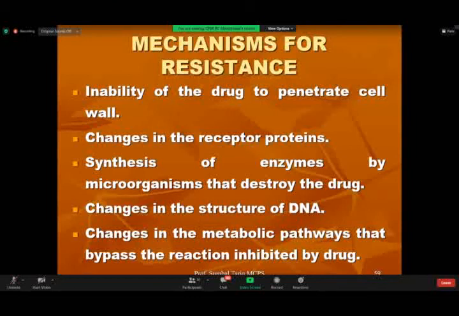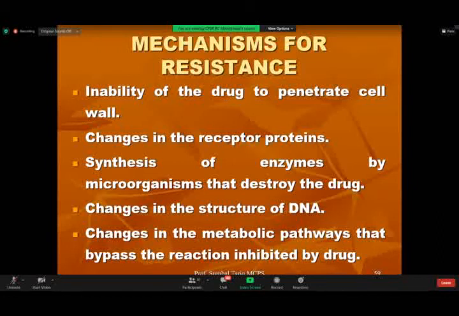So if the chemical nature of that binding protein or receptor changes, then the drug will not be able to bind to it, or the bacterium causes its outer membrane to become more impermeable, so the drug cannot penetrate the cell wall. And even if it penetrates the cell wall, the receptor protein's configuration has changed and the drug will not go and bind to the receptor.